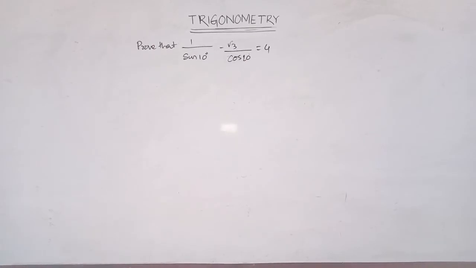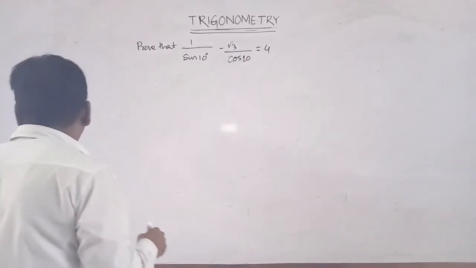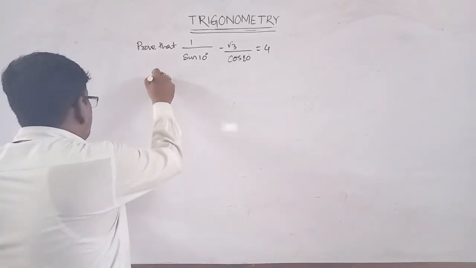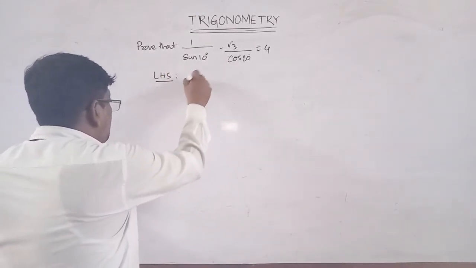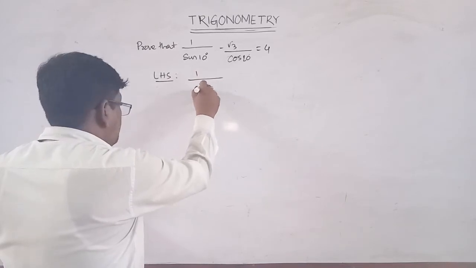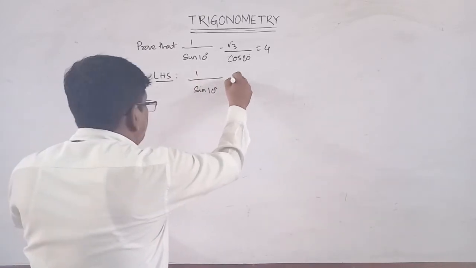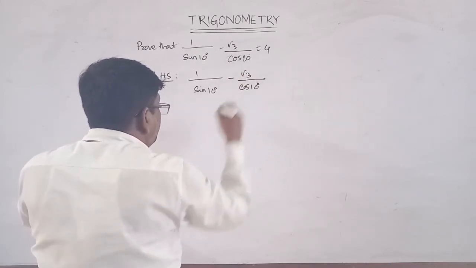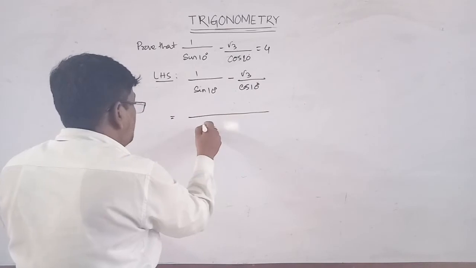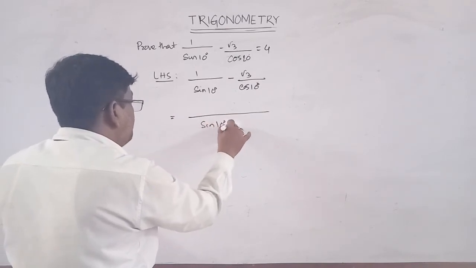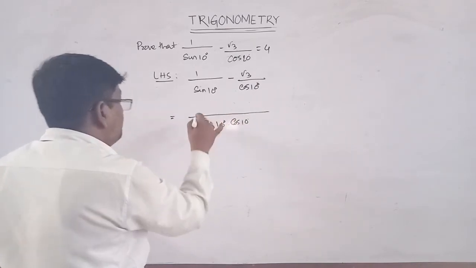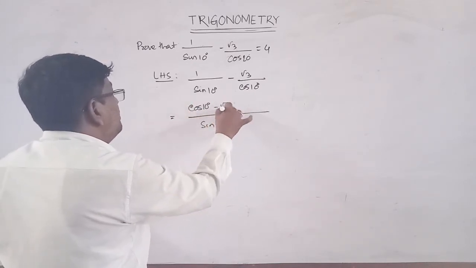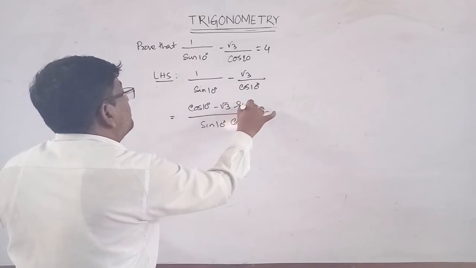This is the question. Prove that 1 by sin 10 degree minus root 3 by cos 10 degree is equal to 4. So left hand side: 1 by sin 10 degree minus root 3 by cos 10 degree. Take LCM here: sin 10 degree into cos 10 degree in the denominator, and cos 10 degree minus root 3 sin 10 degree in the numerator.